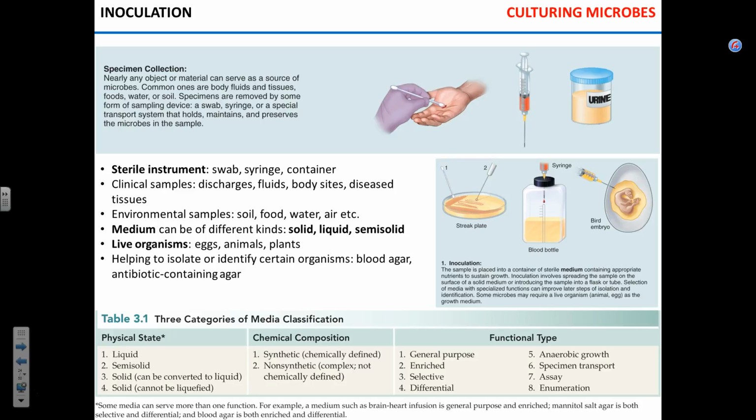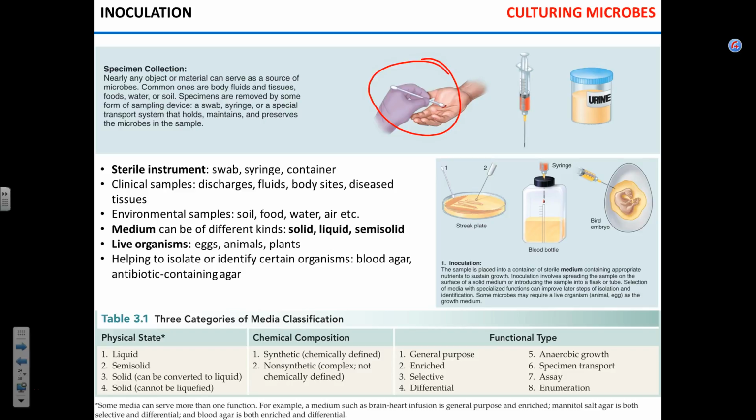Okay. So the first step: collecting the specimen and inoculating the medium. Well, when you collect the specimen, one of the most important things is to collect it using a sterile instrument. Those cotton swabs were sterile, right?